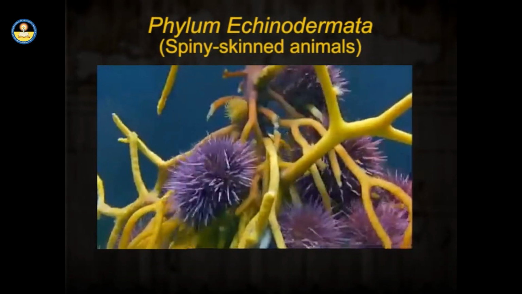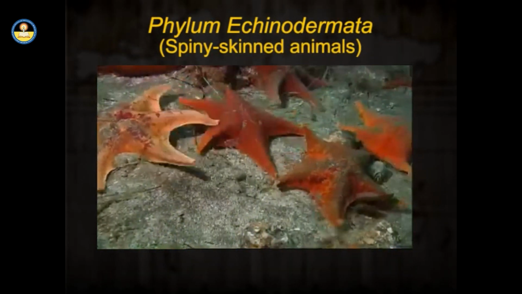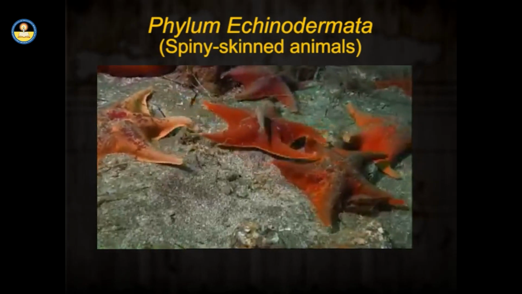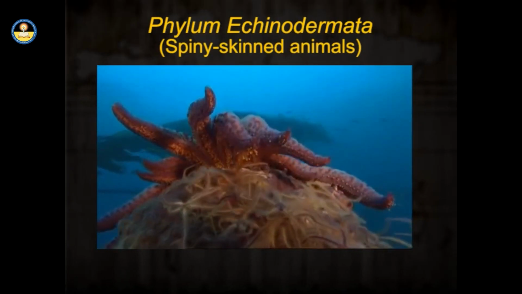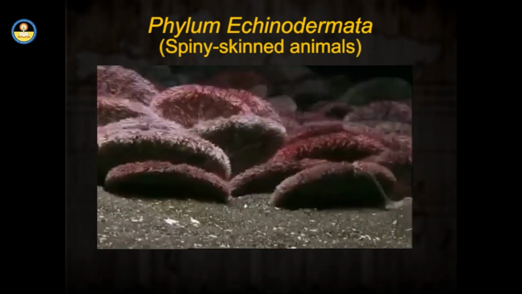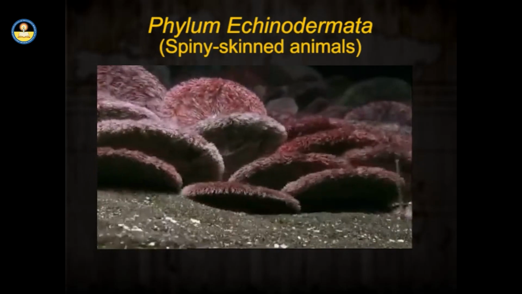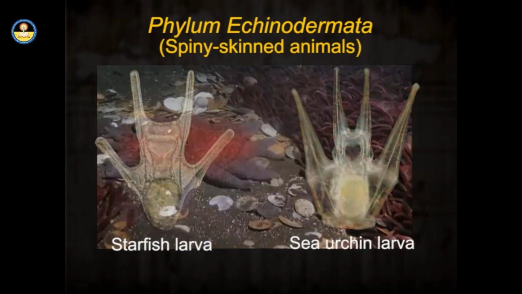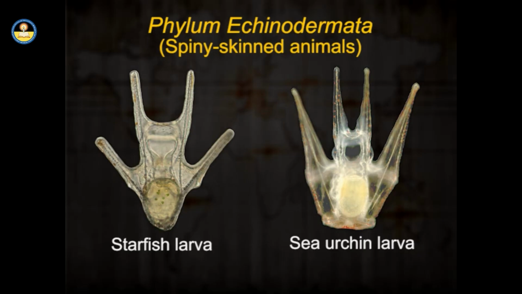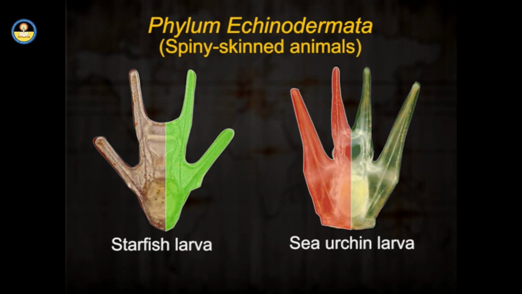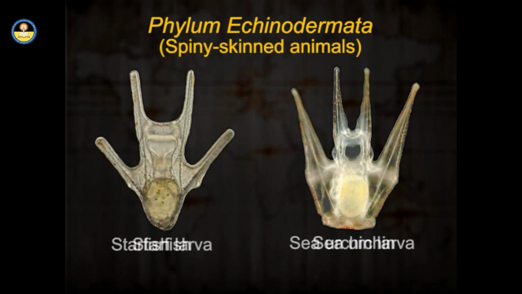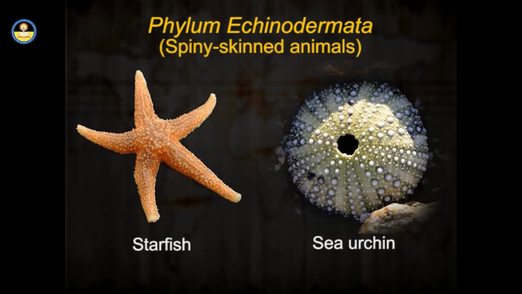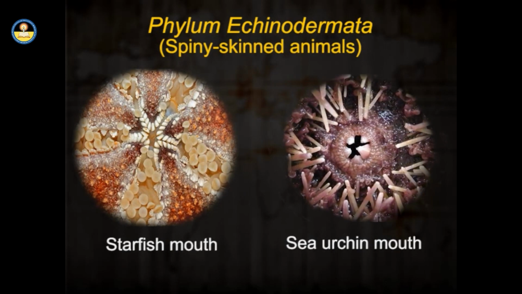Phylum Echinodermata, having spiny-skinned animals. All echinoderms are marine organisms. In the larval stage, most echinoderms are bilaterally symmetrical. Most adults are radially symmetrical and they have a ventral mouth.